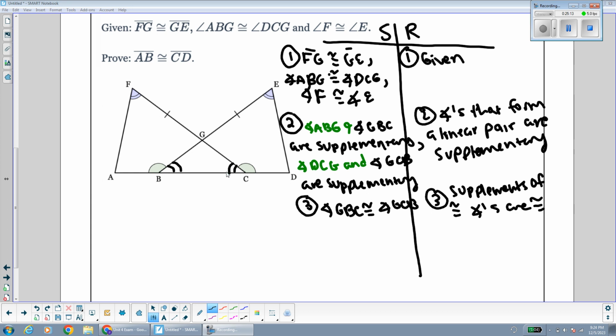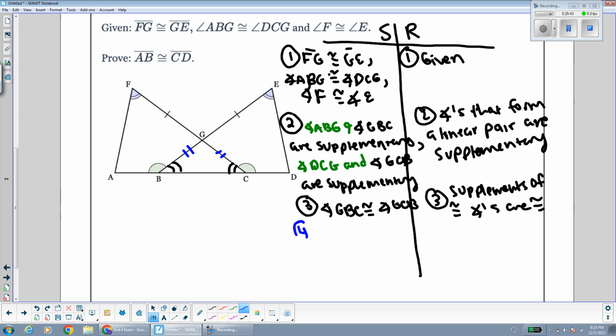Moving along, that gives me an angle in the overlapping triangles, and I'll separate them in a second. But before I separate them for you, I just want you to see that now, based on what we proved in step 3 about these two angles, we now know that triangle GBC has two congruent angles. And if a triangle has two congruent angles, it's got two congruent sides opposite from those congruent angles.